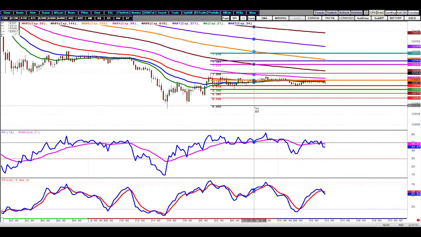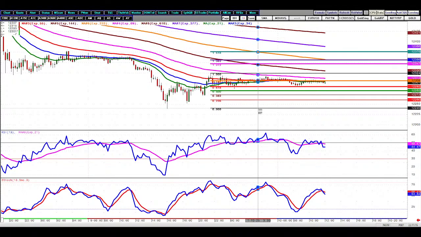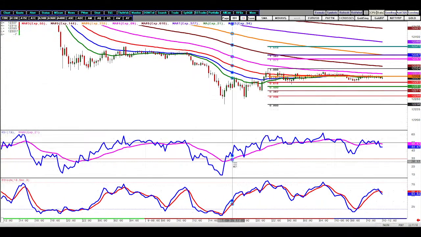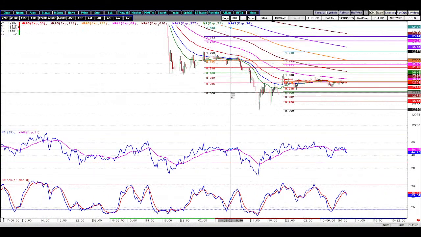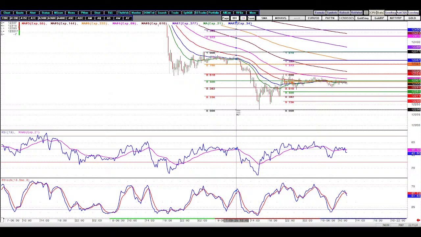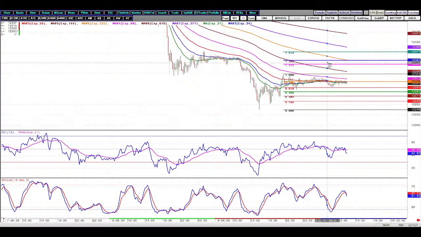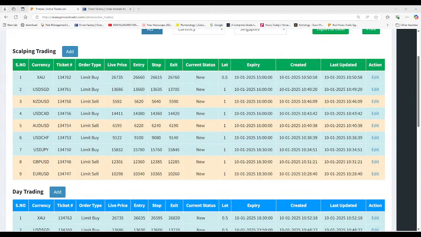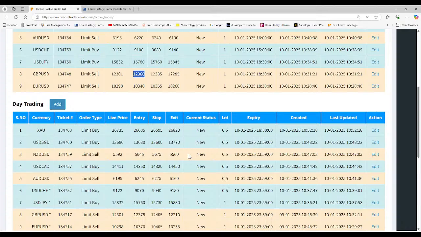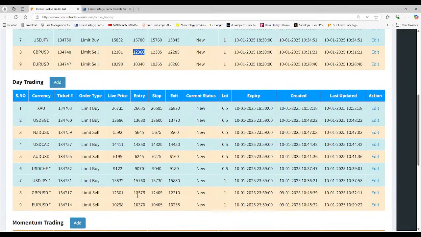So if we are going to trade this, I think we try to sell somewhere near 40. That should be our first sell. Then 75, that should be our second sell. Here I think we have given a 60, and 75.